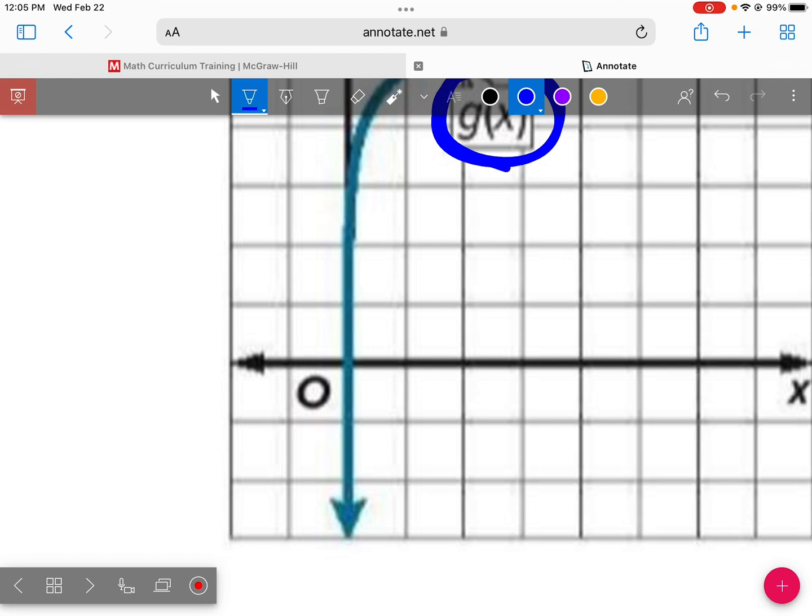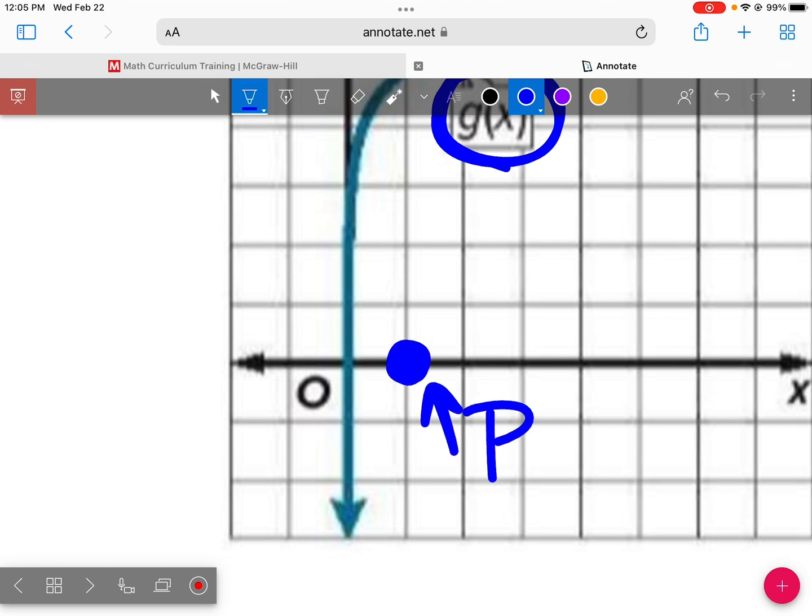Where is the x-intercept for a parent? Yes, 1, 0.